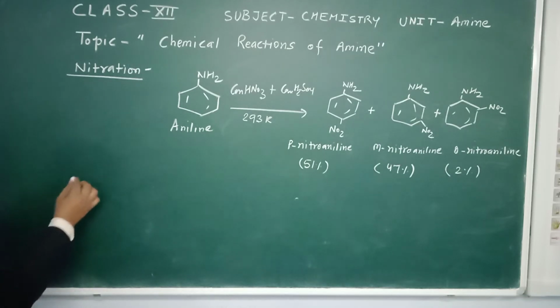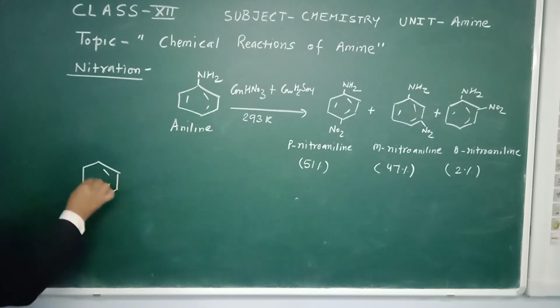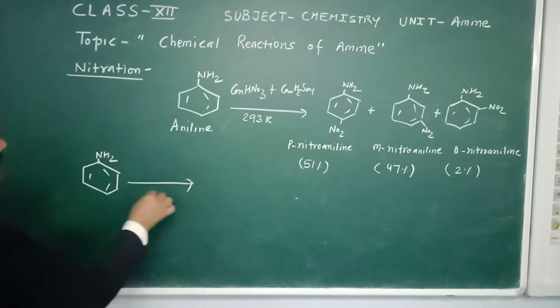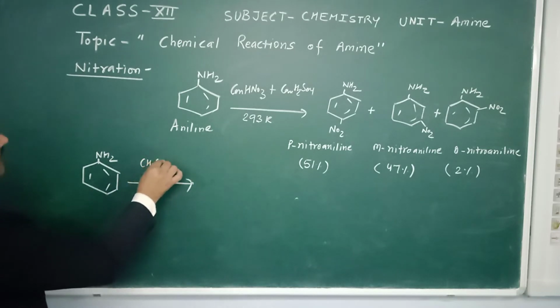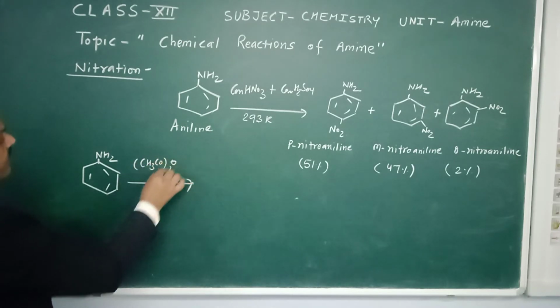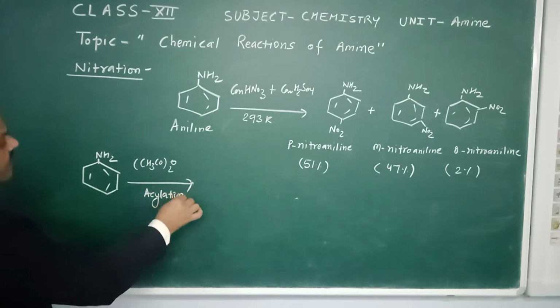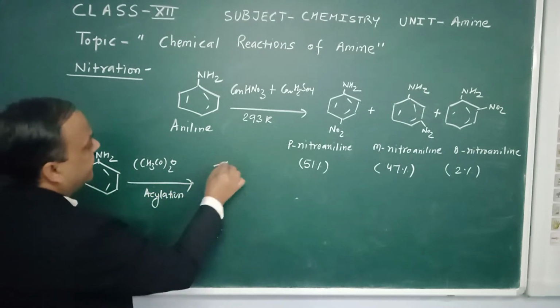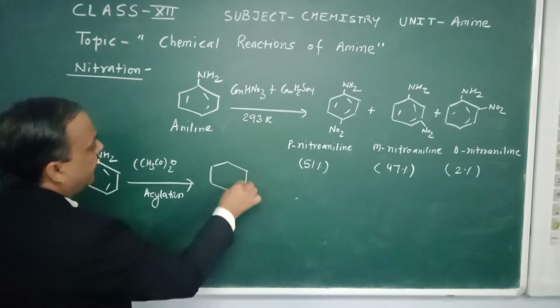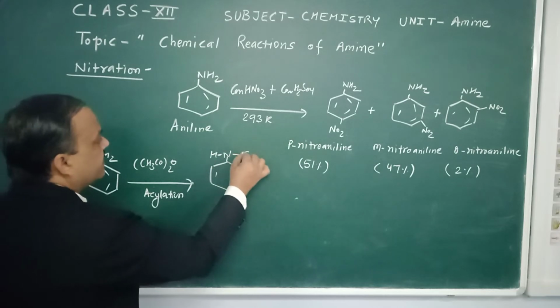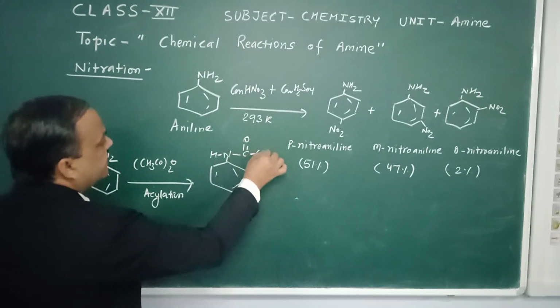So what we observe is this: NH2 aniline. When we add the acyl group on this, so this is acylation. When we add acyl group on aniline, we get NH C double bond O CH3.